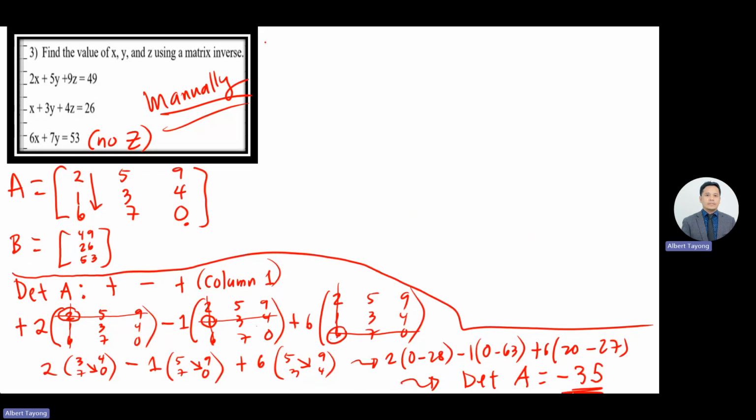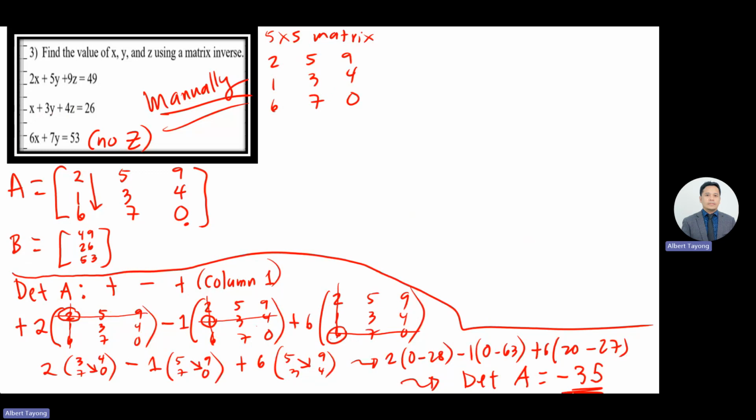create a 5 by 5 matrix. So basically from 3 by 3, now it becomes 5 by 5. So we have 2, 5, 9, 1, 3, 4, 6, 7, 0.